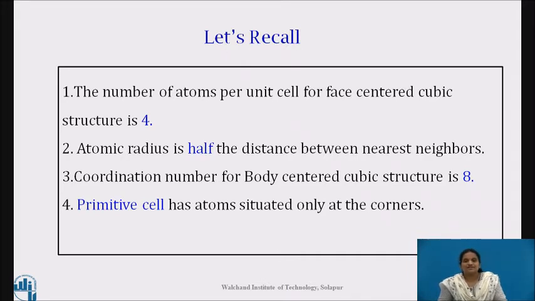The answer of second one is atomic radius is half the distance between nearest neighbors. The third question, coordination number for BCC is 8 and the primitive cell has atoms situated only at corners.